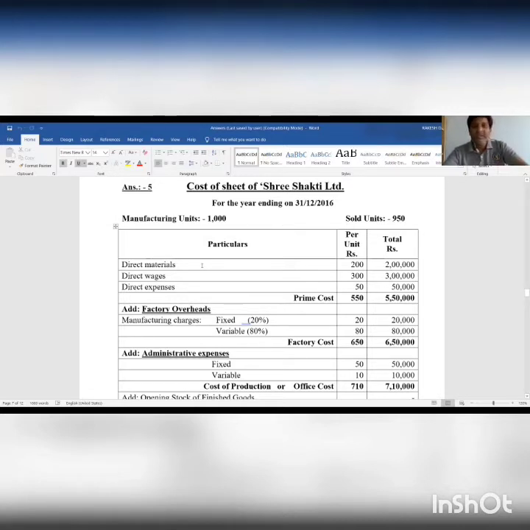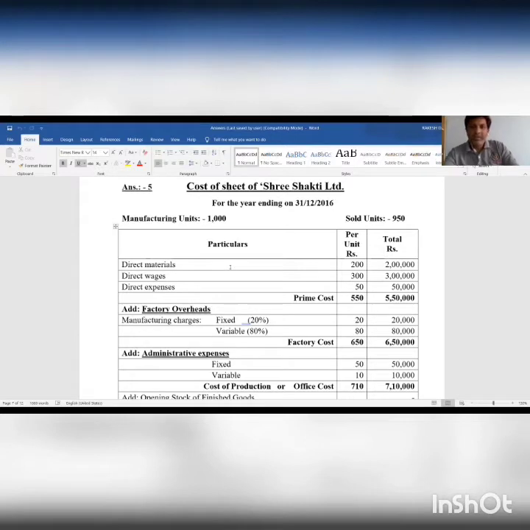Now start with direct material. Direct material is rupees 200 per unit. Sorry, in total it will be rupees 2 lakh. There is direct material of rupees 2 lakh in total amount.